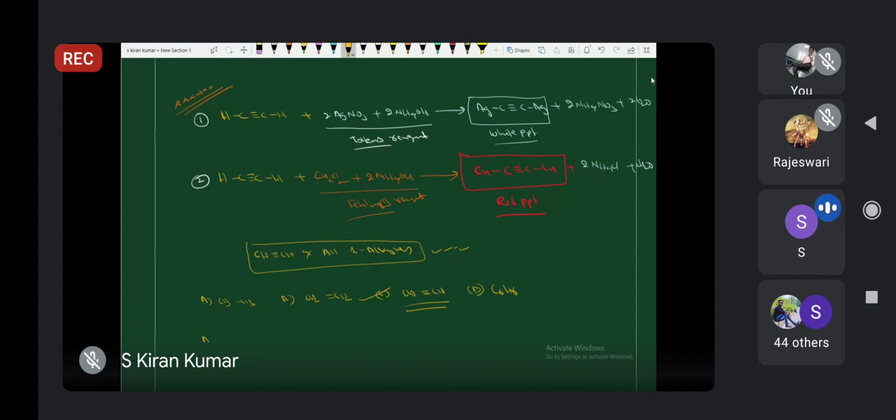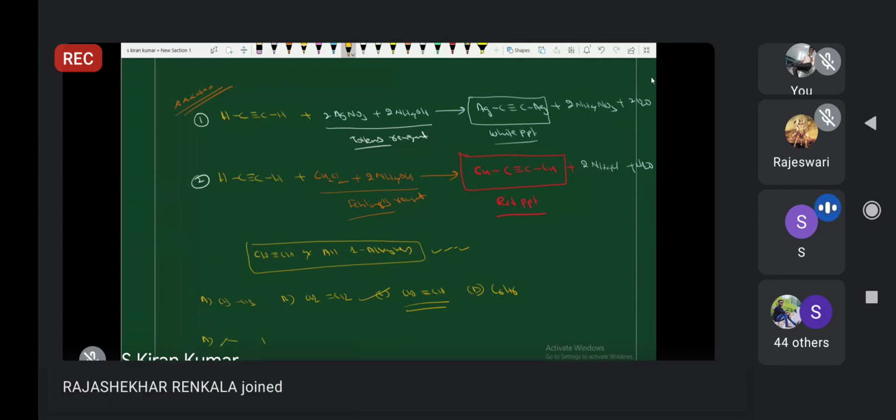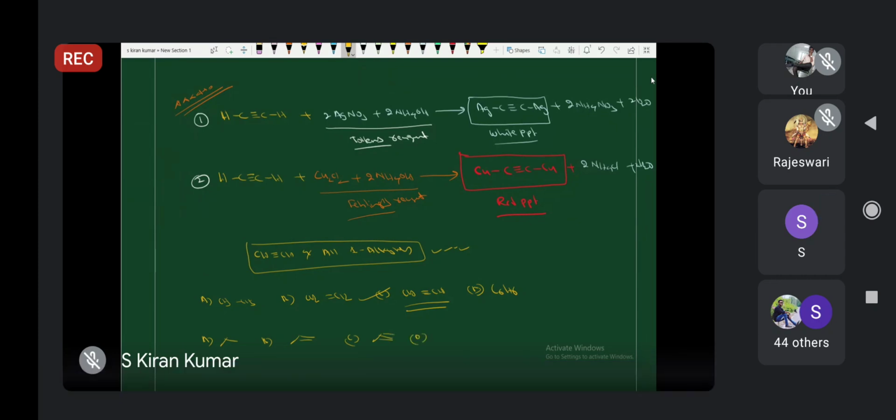Same question. Which of the following compounds reacts with Tollens reagent? A propane, B propene, C propyne, D acetaldehyde. What is your answer?